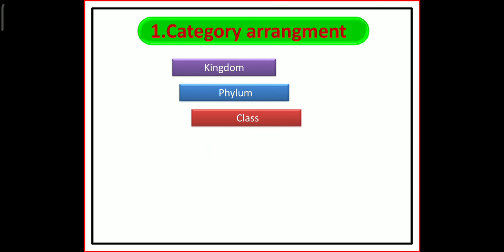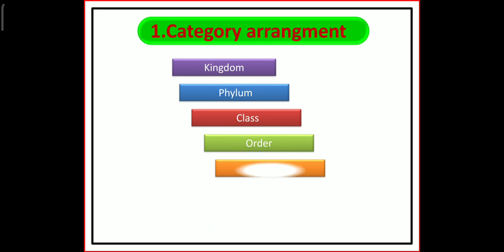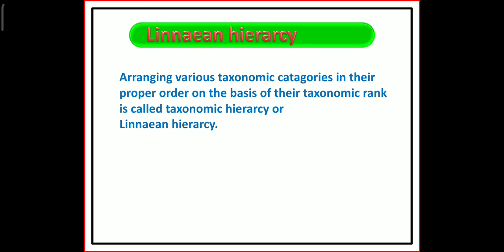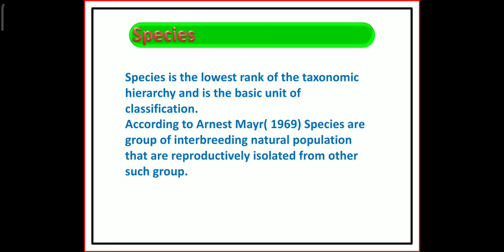There are 7 categories in the animal kingdom, which are kingdom, phylum, class, order, family, genus, and species. The linear hierarchy, arranging various taxonomic categories in their proper order on the basis of their taxonomic rank, is called the taxonomic hierarchy or linear hierarchy. And the species is the lowest rank of the taxonomic hierarchy and is the basic unit of classification.